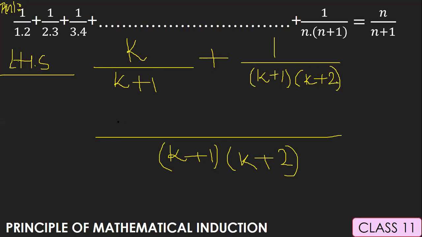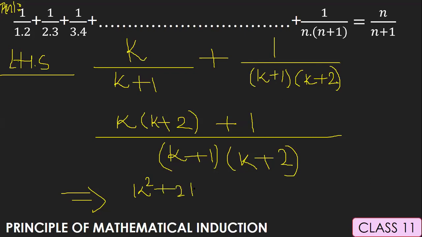Now in the numerator, you would get k, and here you have k plus 1, that means it would be multiplied by k plus 2, plus 1. So it would become k square plus 2k plus 1 divided by k plus 1 into k plus 2, right?